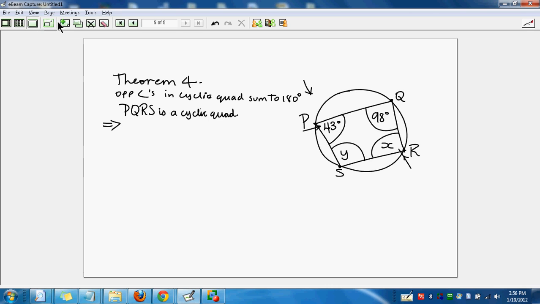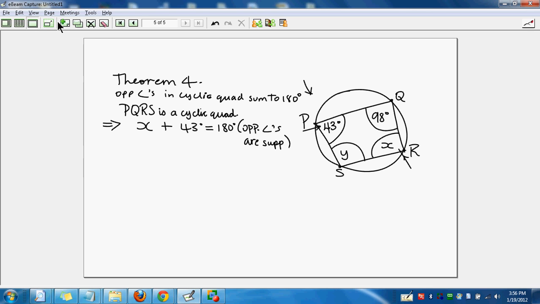So we could write angle X plus 43 degrees, right, must add up. When you add up, they must get 180 degrees. And the reason is that opposite angles are supplementary in a cyclic quad. So you must put that in, right, in whatever shortened fashion that you need. So you say opposite angles are supplementary.